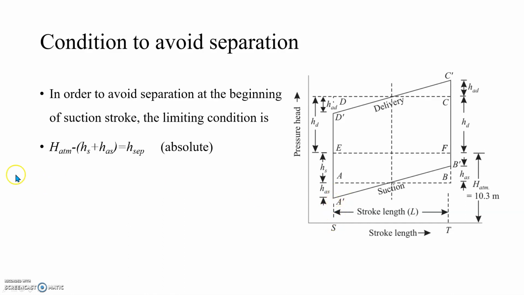A dash is nothing but H ATM minus HS plus HAS, which should be equal to the separation head. This is in absolute value. Now what happens if this value is below H separation? Separation phenomenon will occur in that case.